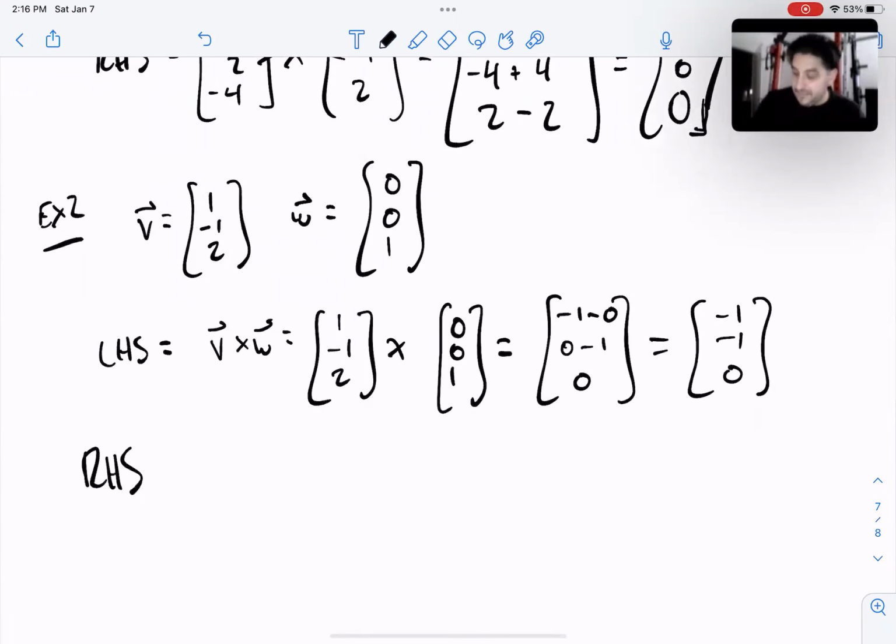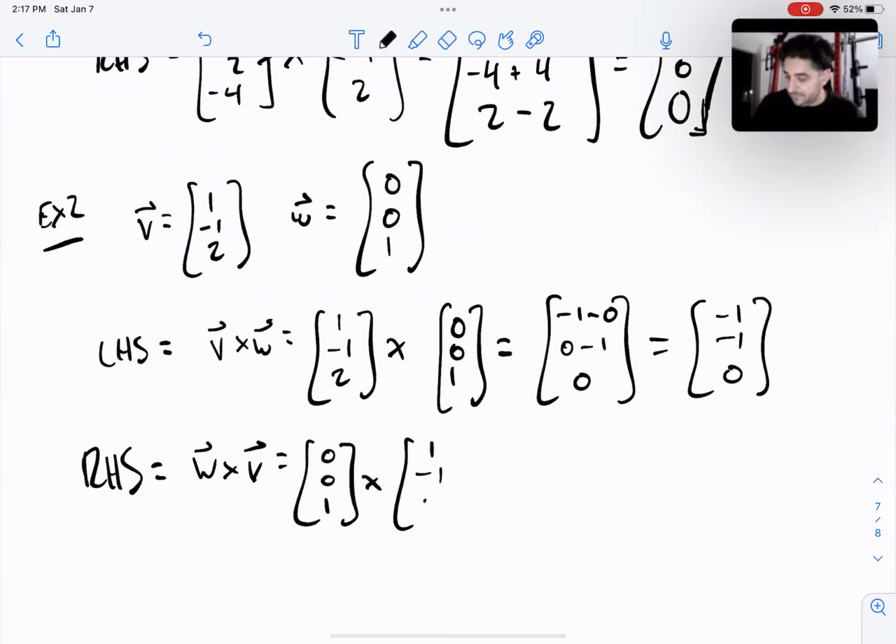Now let's do the right-hand side, W cross V. Here, what happens?